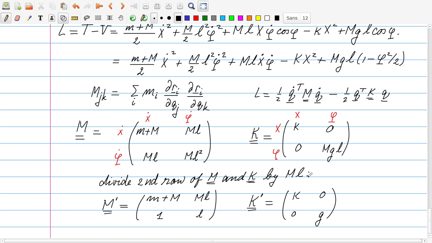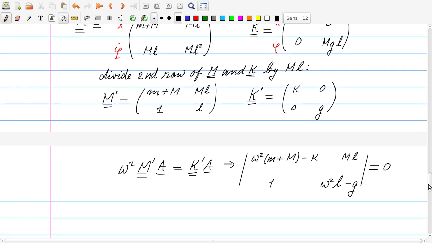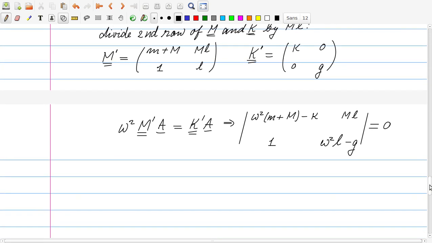The analysis of the previous movie tells you how you find the normal mode frequencies. We therefore need to solve the following generalized eigenvalue problem, and if I write out the matrices, using the primed versions of M and K because they are somewhat simpler, I find that this determinant should be 0, and that gives me a second order equation in terms of omega squared, which I can solve right away.